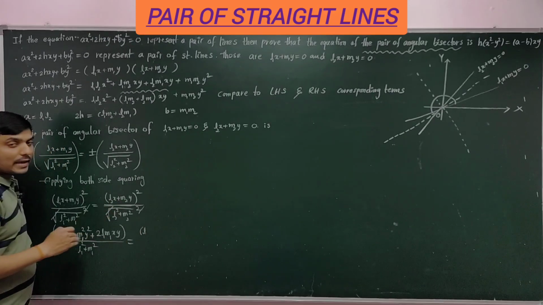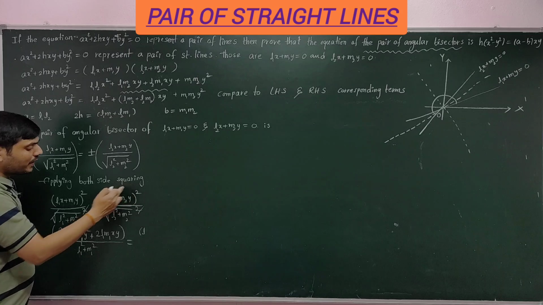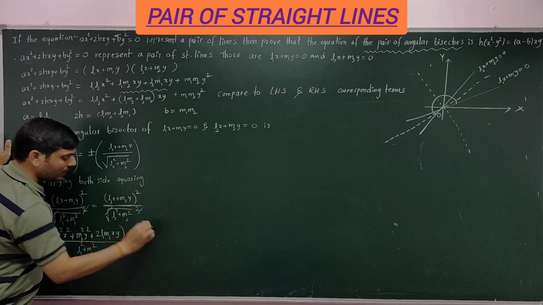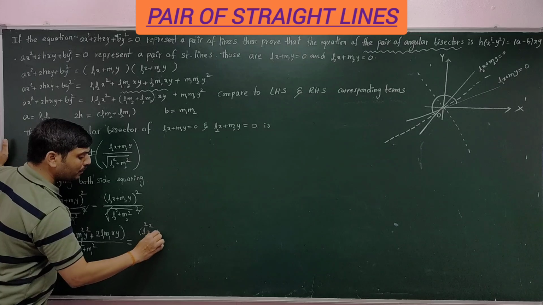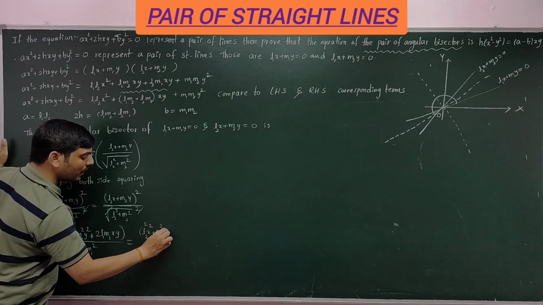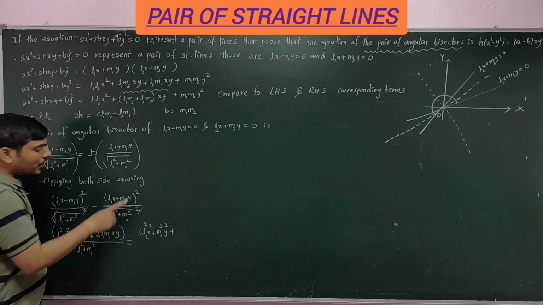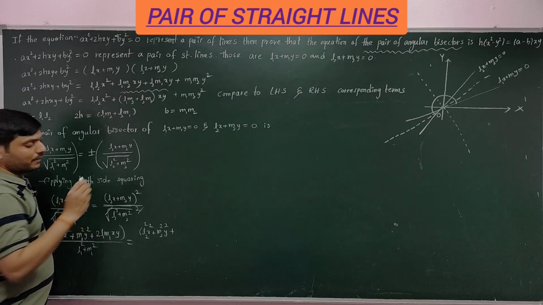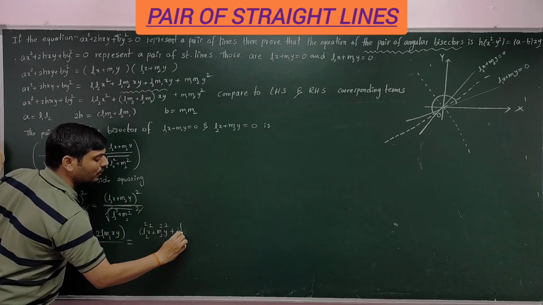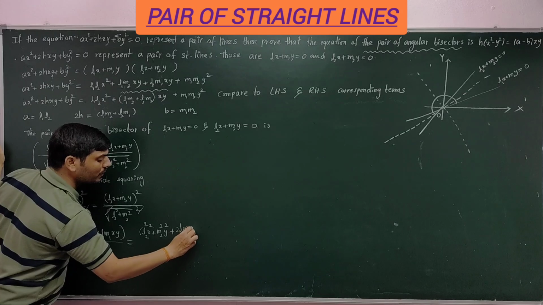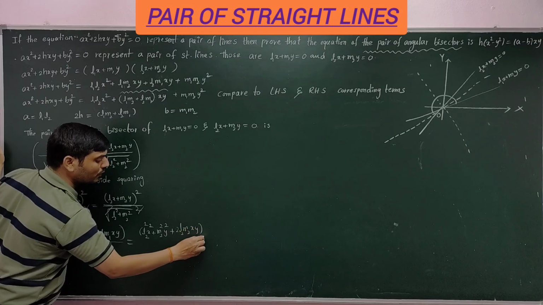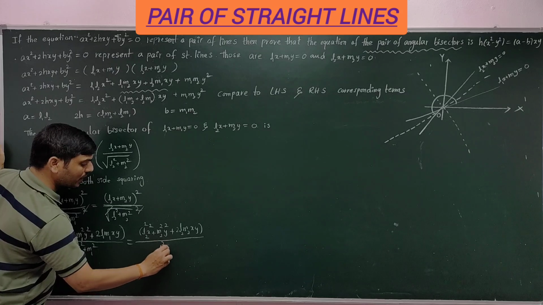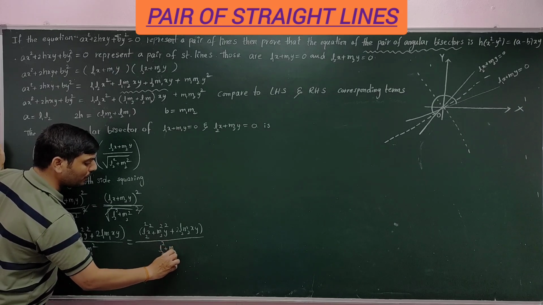Same concept again, a plus b whole square: L2 square x square plus m2 square y square plus 2 times L2 x m2 y, but you write in the order 2 L2 m2 xy, close the bracket, and the denominator having L2 square plus m2 square.